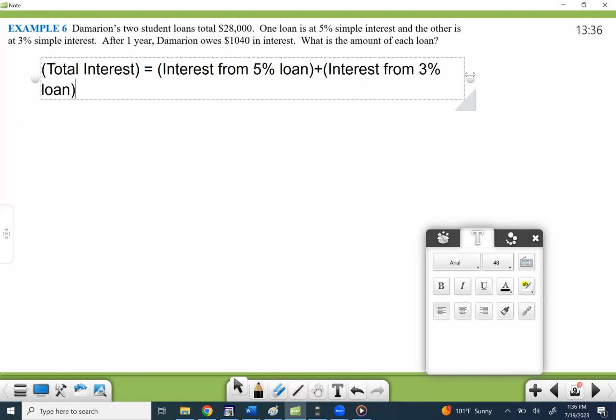Let me just make sure that makes sense. The total interest is going to be the interest from one loan plus the interest from the other loan. Yeah, that makes complete sense.